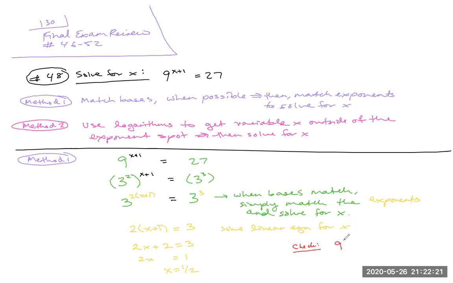Does 9 to the 1/2 plus 1 power equal 27? Okay, well, add exponents here. That's going to be 1/2 plus 2/2. So that's 9 to the 3/2.